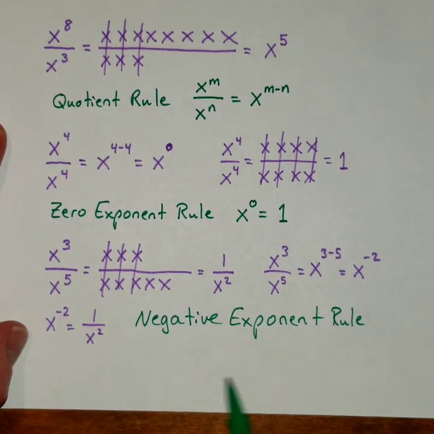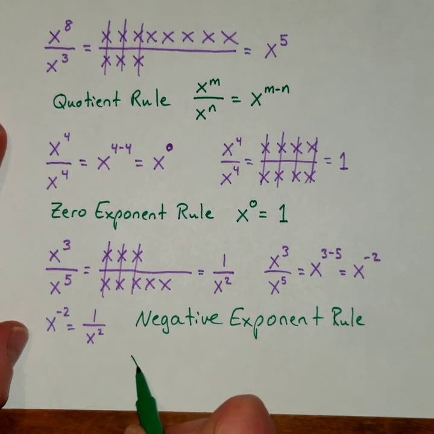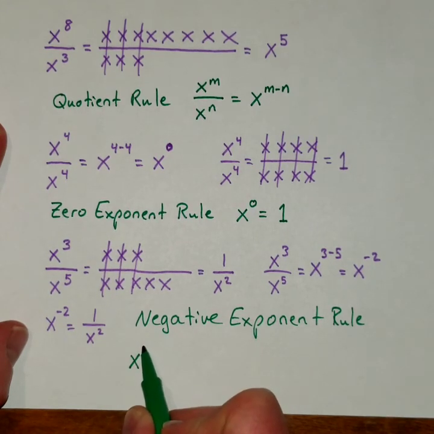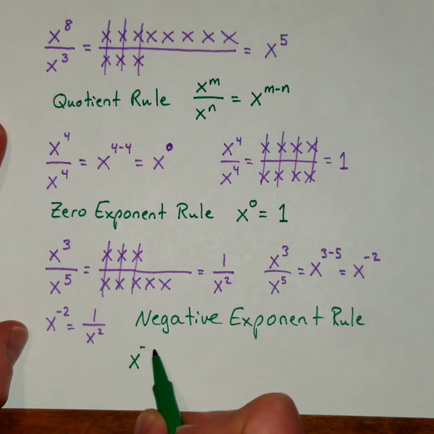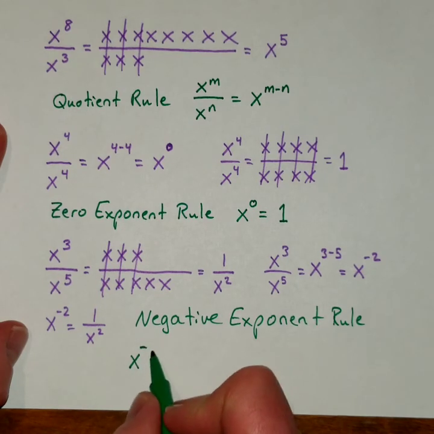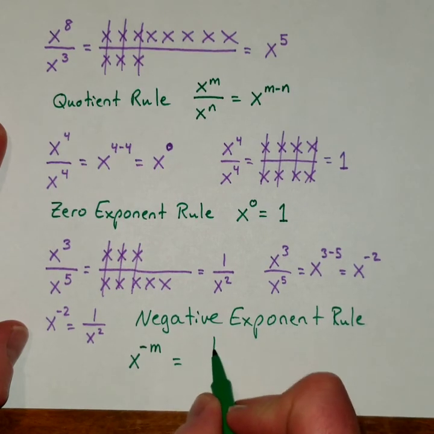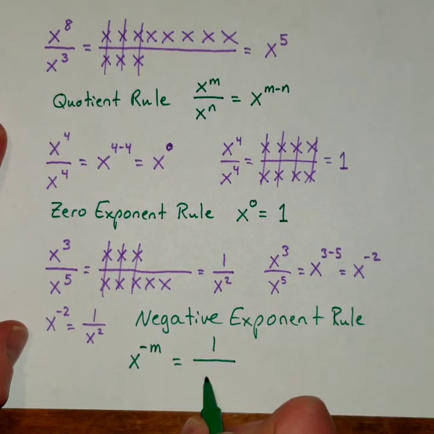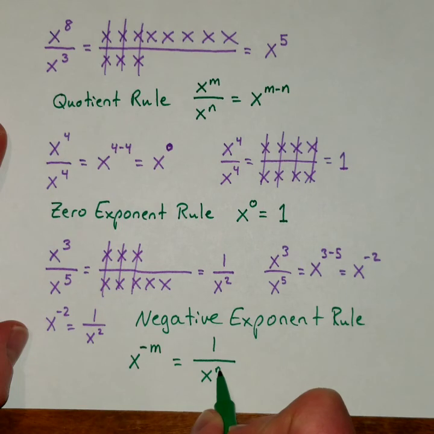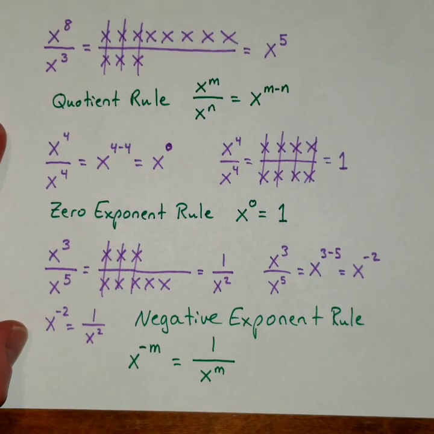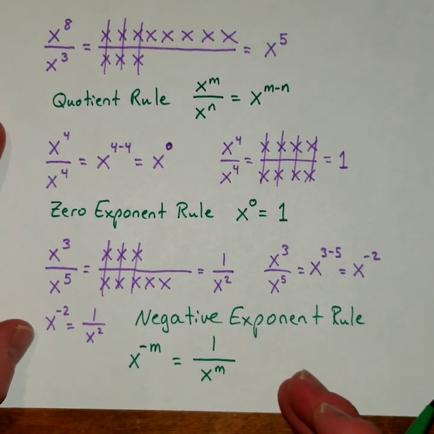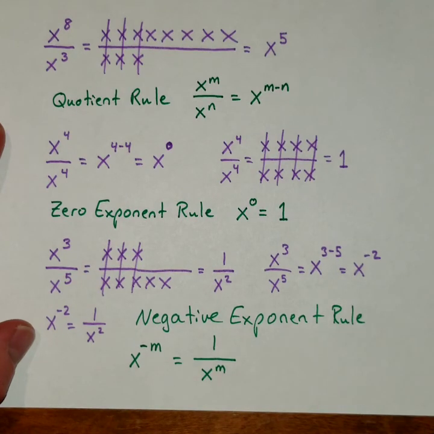And the negative exponent rule essentially says that anything raised to a negative power, we'll call it minus m, is equal to 1 over x to the positive power. It's the reciprocal of the positive power. Okay.